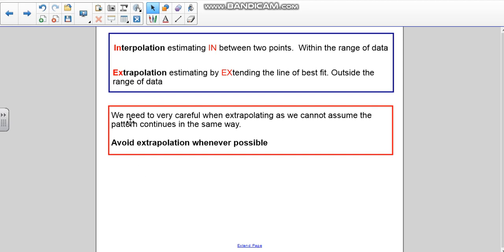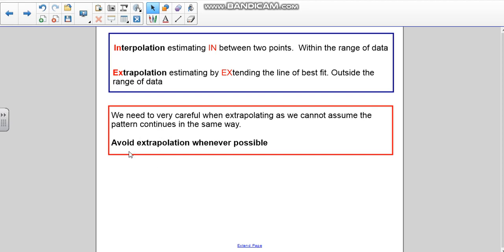Just something to note, and I would put all of this in your notes, we need to be very careful when extrapolating as we cannot assume the pattern continues in the same way. Our scatter diagram is showing us a definite trend, but we only know what's happening for the points that we've got in the range that we've got. It's very difficult to make the line longer and assume the pattern continues.